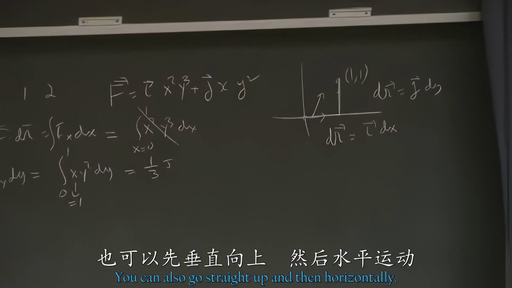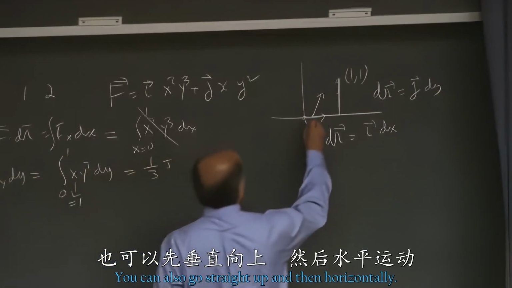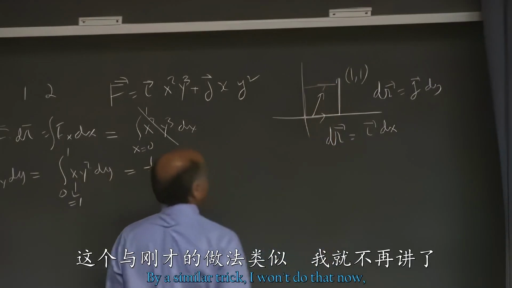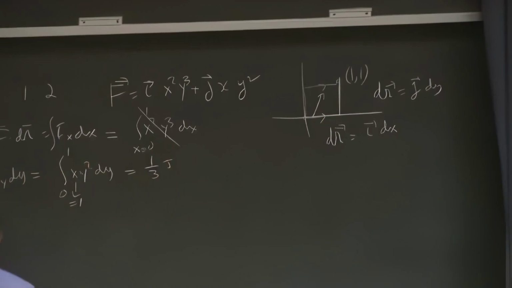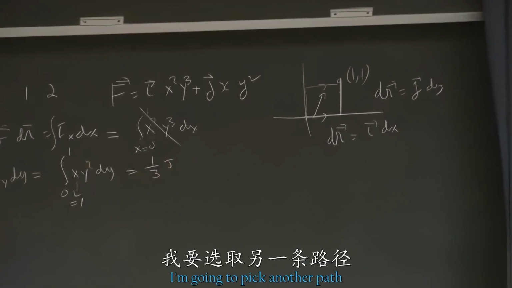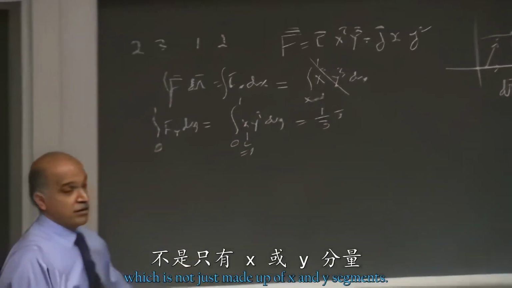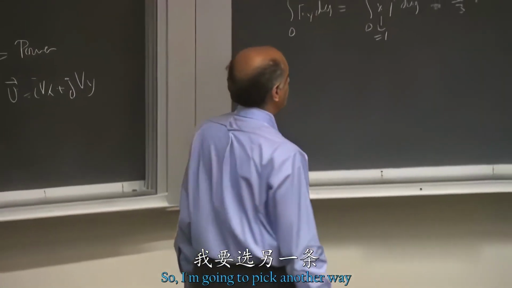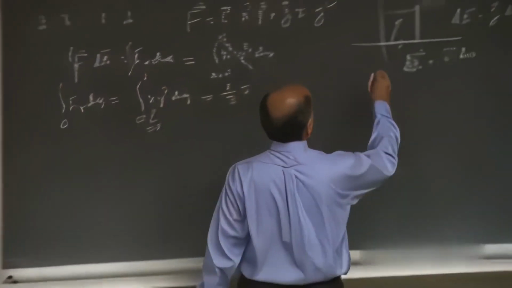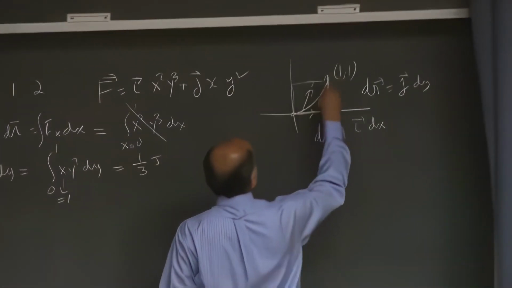You can also go straight up and then horizontally by a similar trick. I won't do that now, because I want to show you something else that's useful for you. I'm going to pick another path which is not just made up of x and y segments. Then it's very easy to do this. So I'm going to pick another way to go from 0, 0 to 1, 1, which is on this curve.